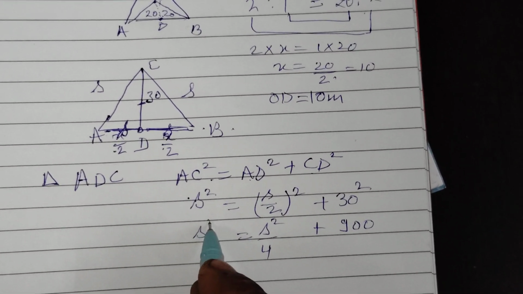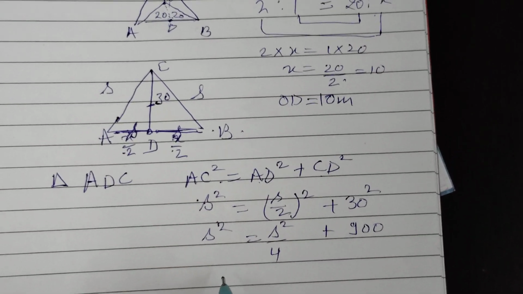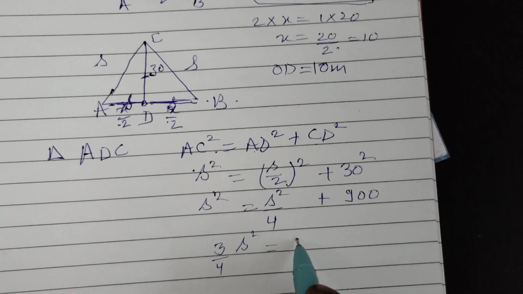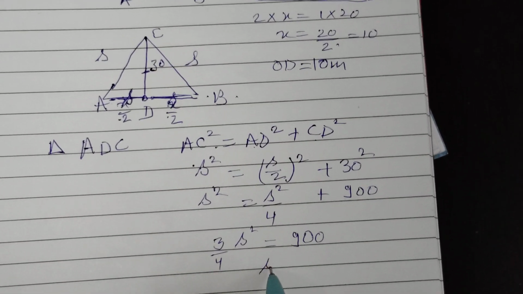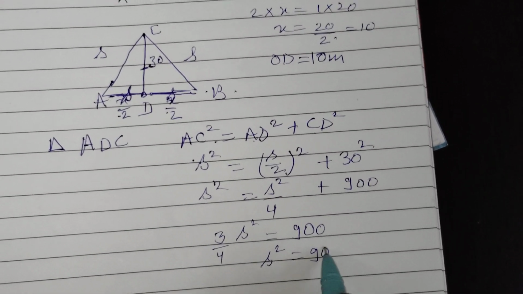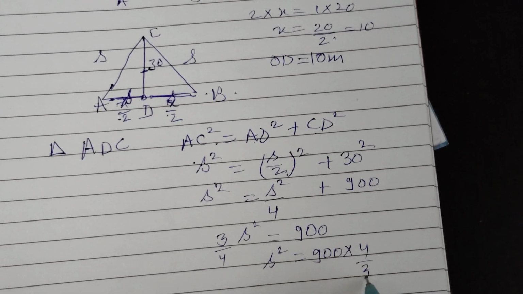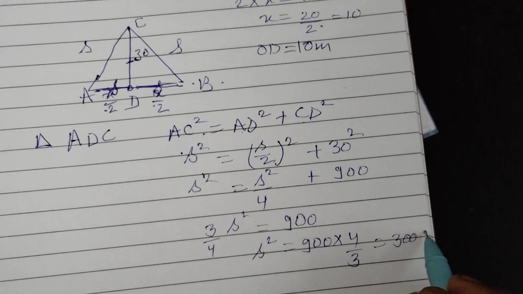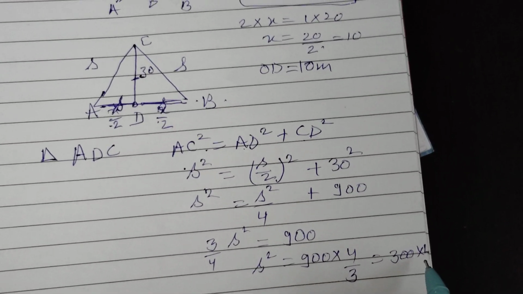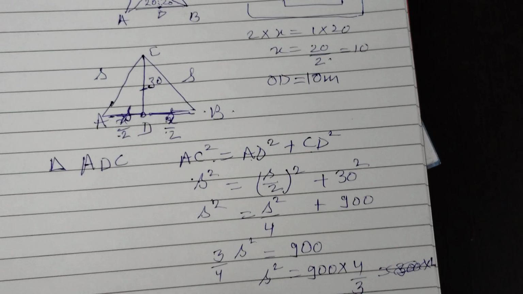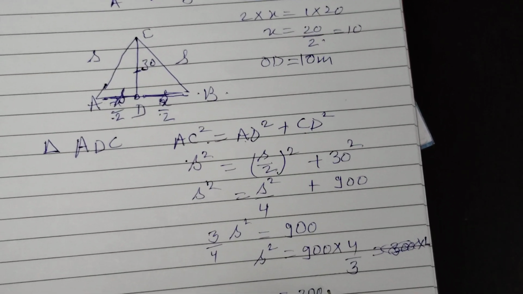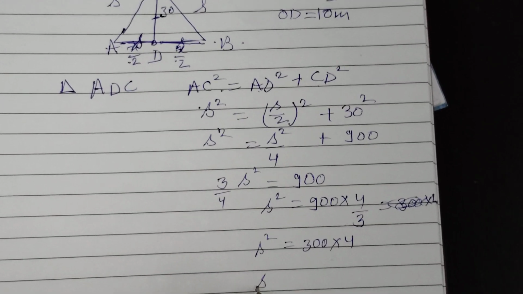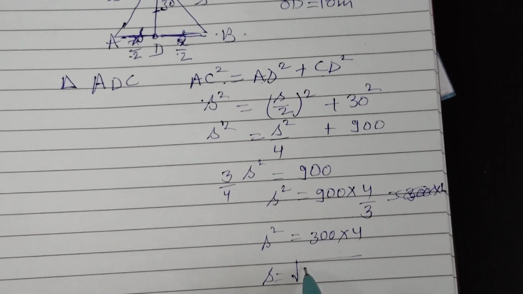So s square minus s square by 4 gives 3 by 4 s square equal to 900. So s square will be 900 into 4 upon 3. 3 cancels 900 by 300, so s square equals 300 into 4. So s equals square root of 300 into 4.